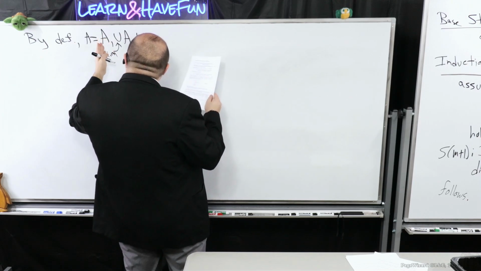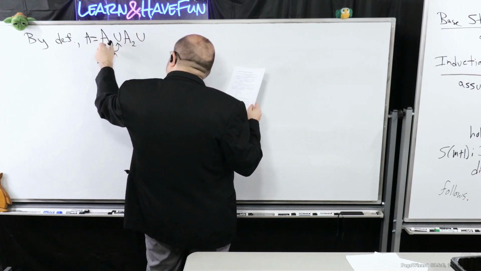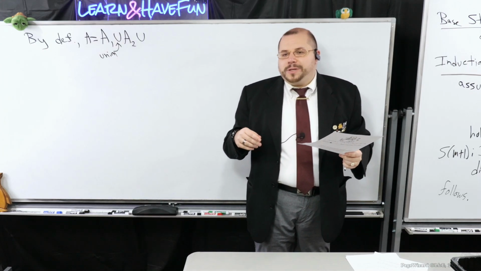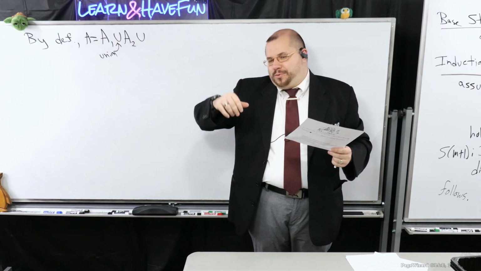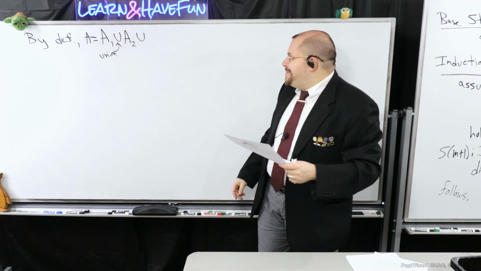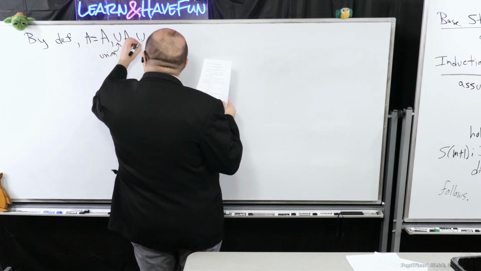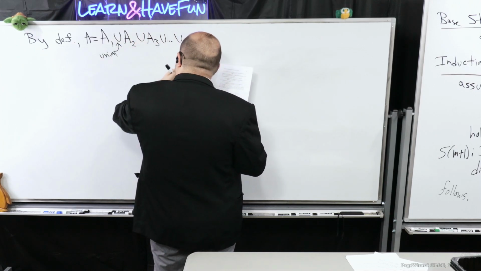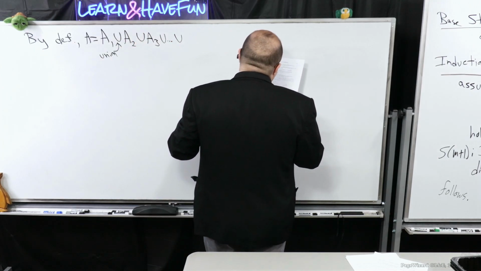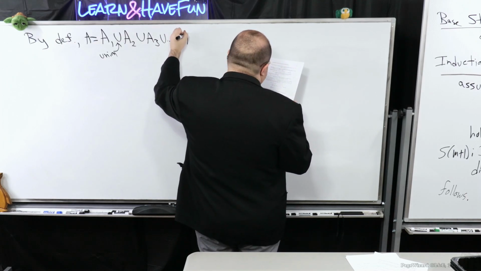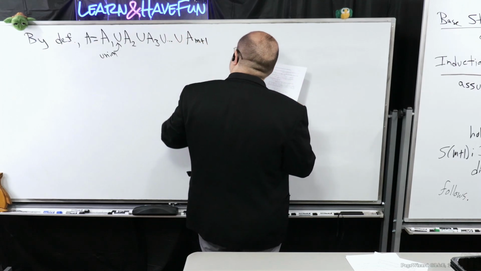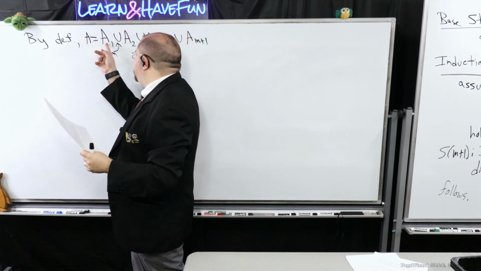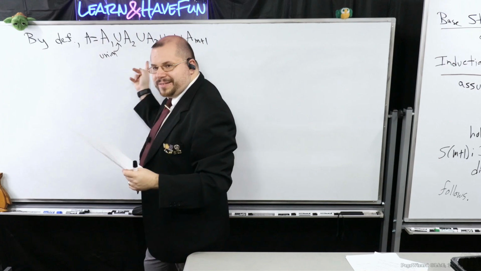It means I dump all of the elements of these two into one bucket. I don't care about the duplicates, so I just throw them out. And I'm going to do this over all of the subsets. Remember, just think of these as buckets. In fact, that intuition will be very helpful for this proof. So remember, this is what it says: A is the union of all of these subsets.